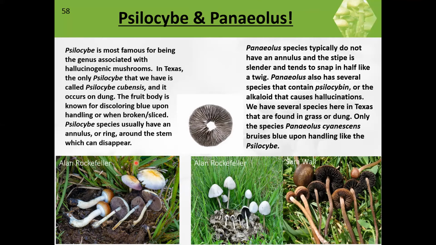So whenever you see that last part, ensis, in the name, that refers to a specific region that mushroom is associated with, which goes with the location that I mentioned earlier that you have to be aware of. The fruit body is known for discoloring blue upon handling or when broken or sliced. And the ones that we have here in Texas are found growing on cow dung.